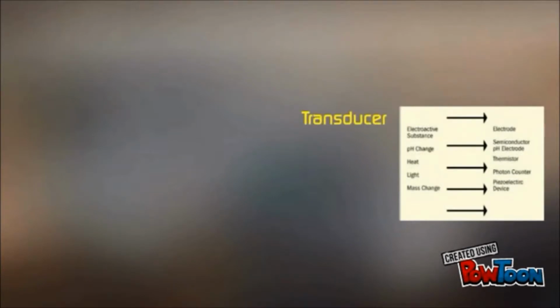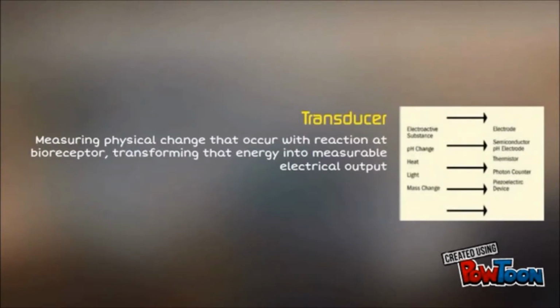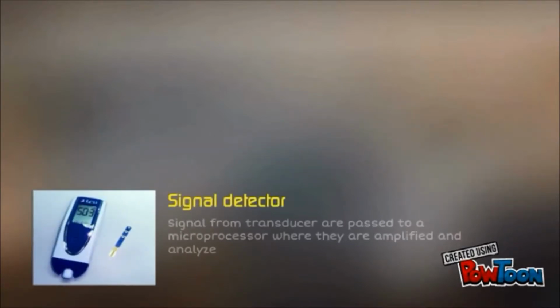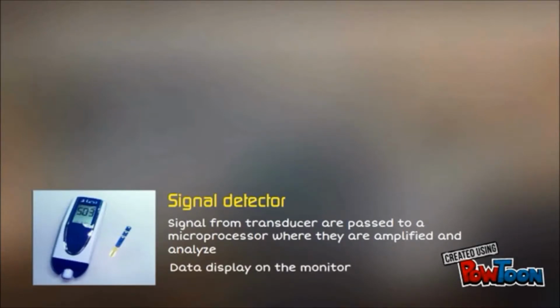The transducer acts as an interface that measures the physical change that occurs with the reaction at the bioreceptor, then transforms that energy into a measurable electrical output. Then, the signal from the transducer is passed to a microprocessor where it is amplified and analyzed. The data is then converted and displayed on a monitor.